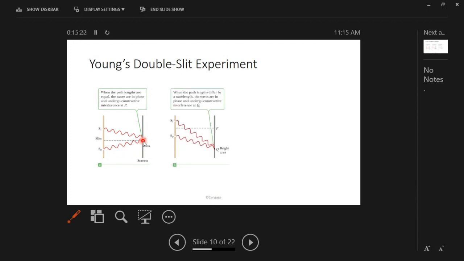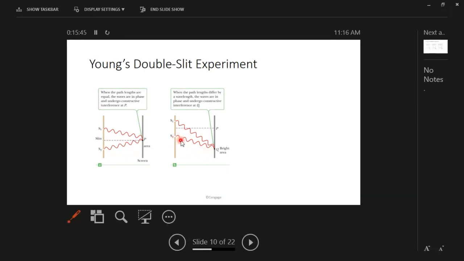If you look at a different point, let's say this point, as you can see, the light coming from S1 actually travels more distance compared to the light coming from S2. Let's assume that for this specific point, the path difference between these two is exactly one wavelength.